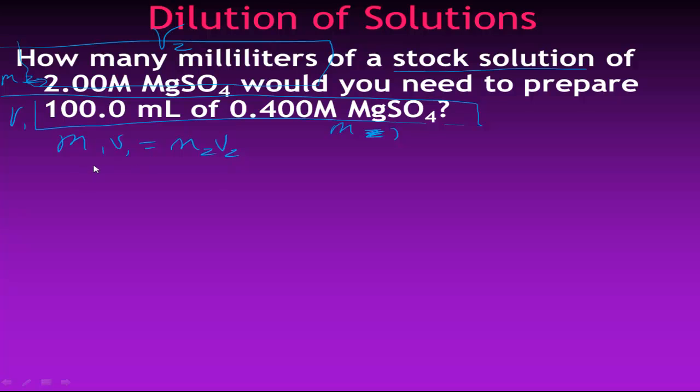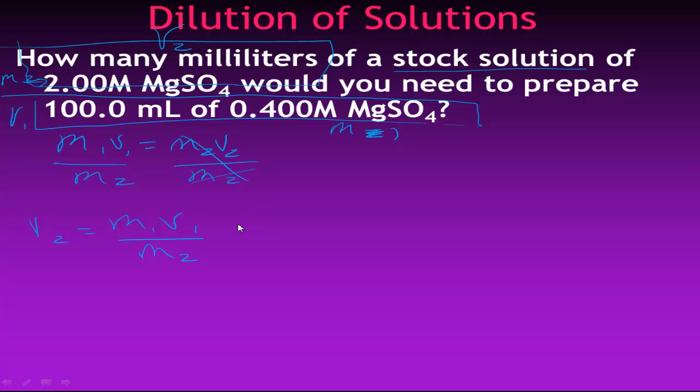So since we want to get V2 by itself, I am going to divide by M2. And those cancel out. And what I'm left with is V2 equals M1V1 over M2. Again, like before, I just think it's easier to move the letters around before you put in the numbers.